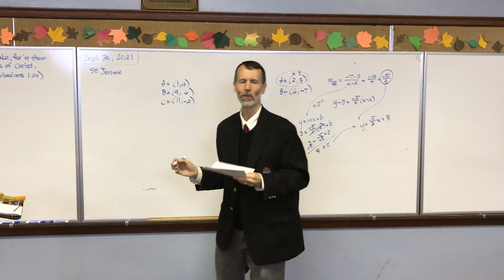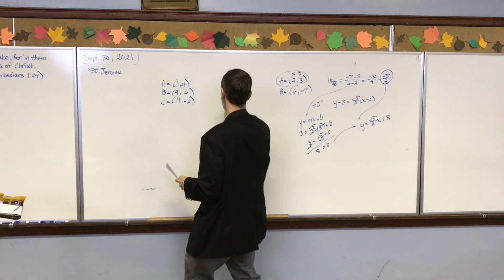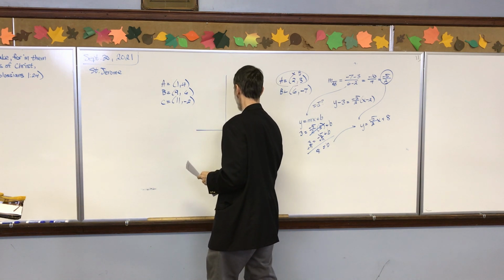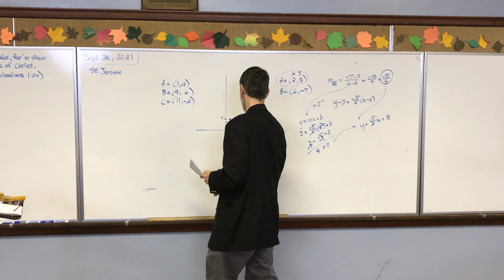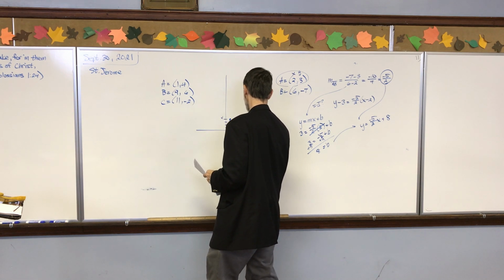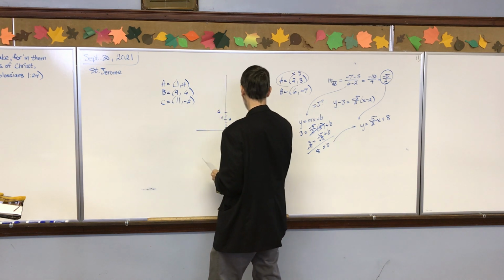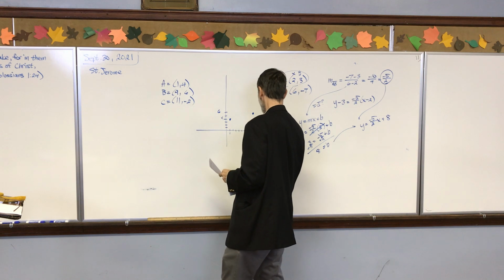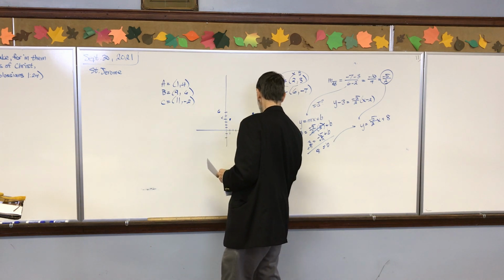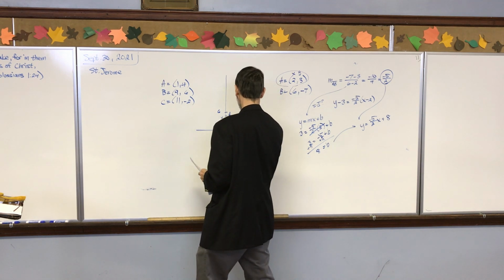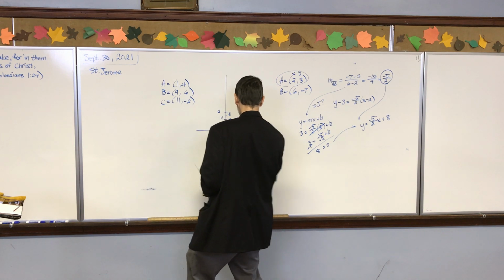This is one of those rare times I would actually recommend you graph it. 1, 4. 9, 6. 11, -2. And I would connect them, make a triangle.